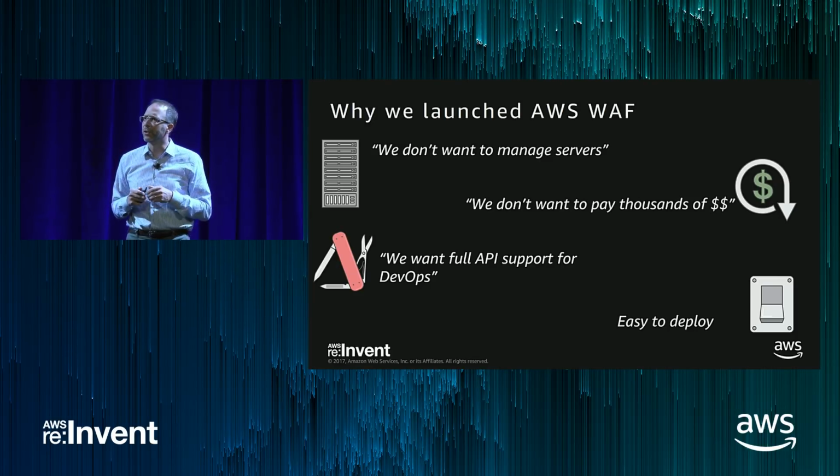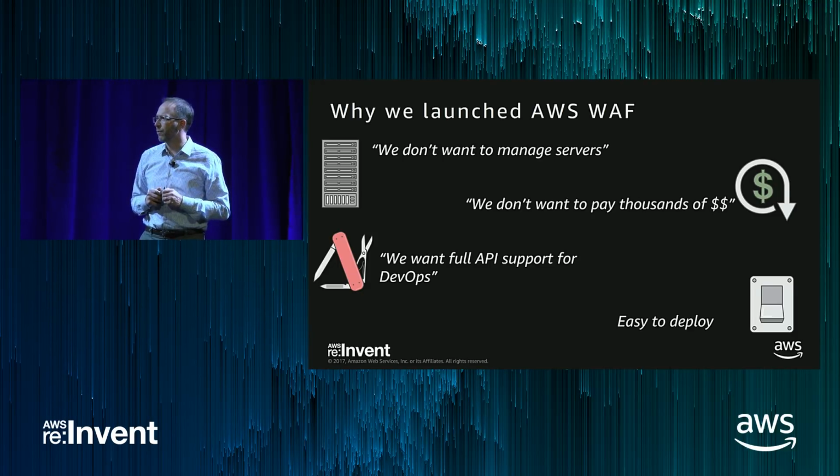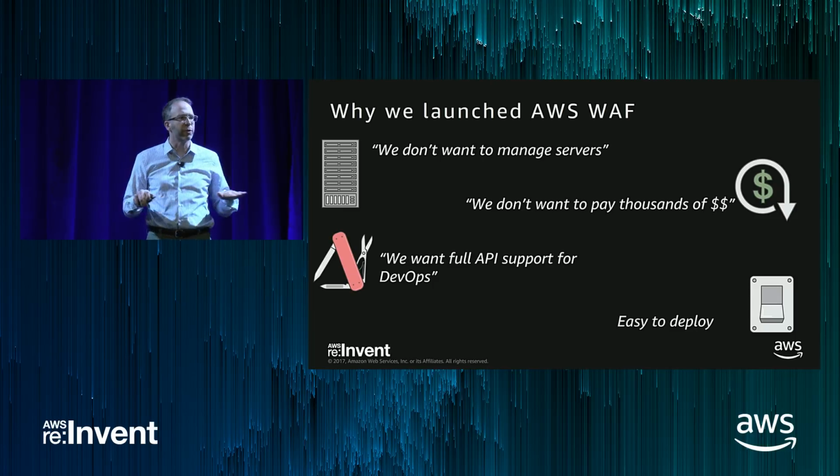But there are some challenges that we're facing, and among those are, we don't really want to have to manage that infrastructure ourselves. We would like to just be able to turn on a web application firewall and, at least from the infrastructure management perspective, forget about it. Just have it there, have it running, know that it's going to scale as our application scales.